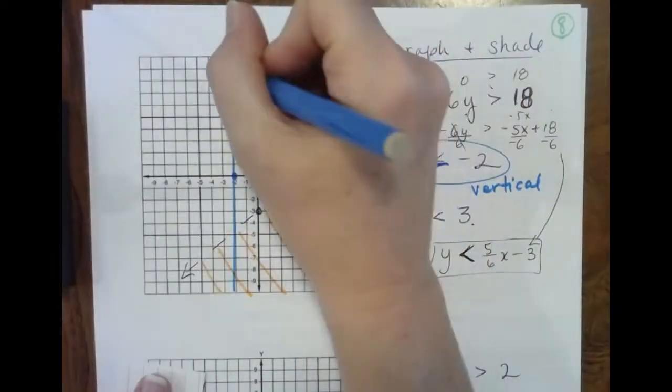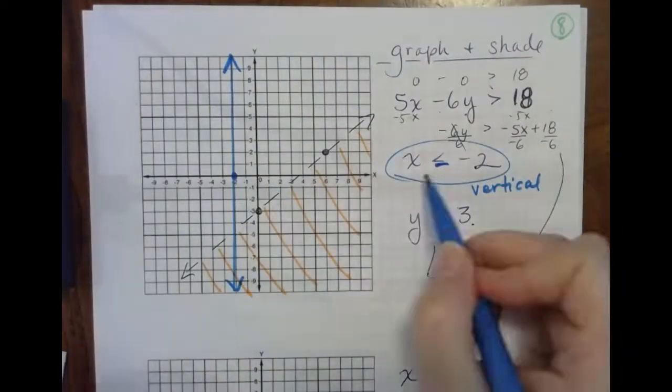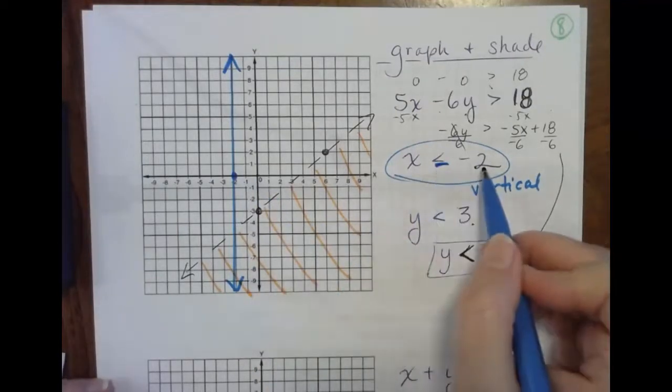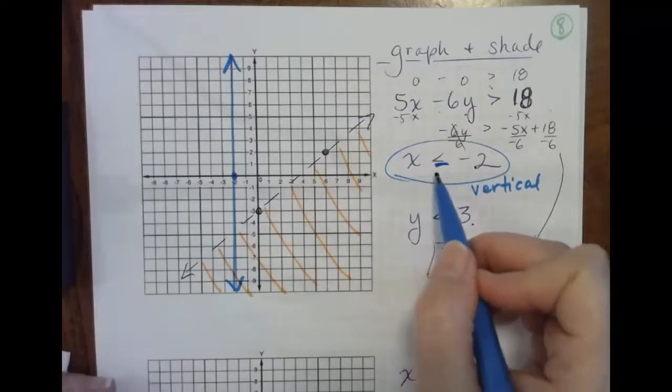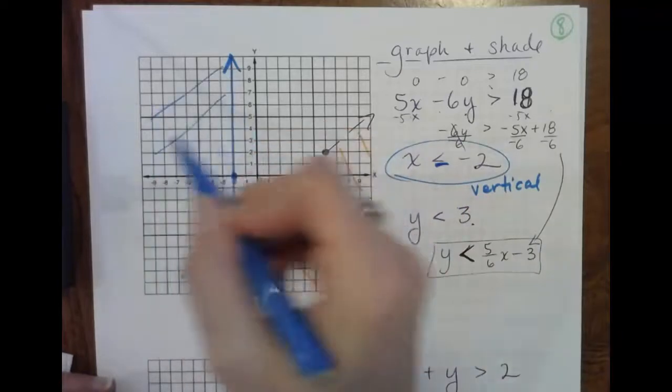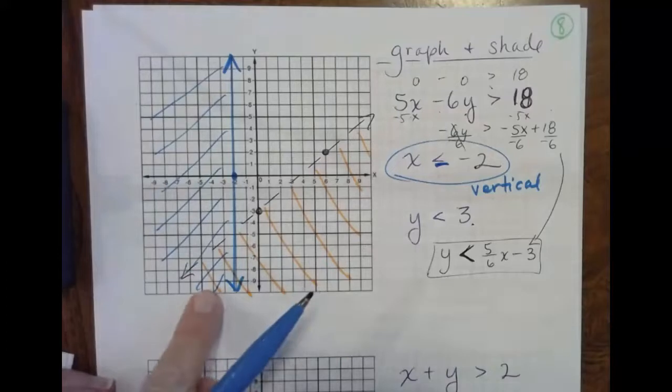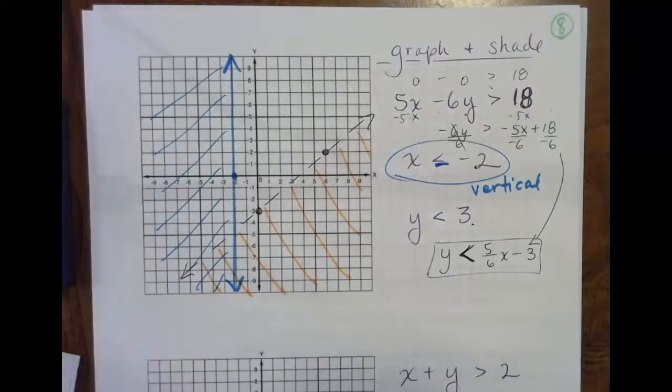So there it is. And plugging in 0. Is 0 less than -2? No, 0 is not less than -2. So are we going to shade to include 0? No, shade in this direction. So here we go. Down at the bottom, this is our overlap so far.